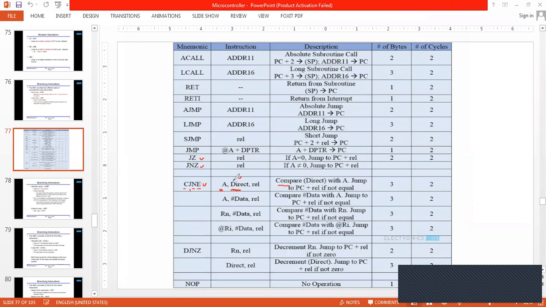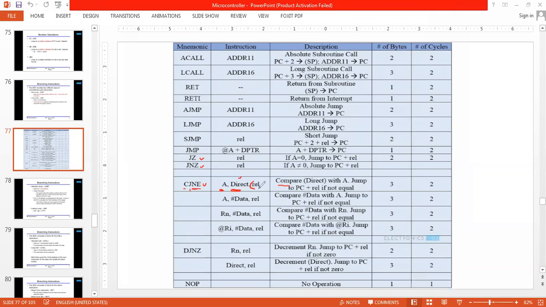The result will not be stored, but the flag is going to be updated. If both are not equal, then the ALU is going to jump to the relative address. Compare A and the value of the direct address. How do we come to know that both are not equal?